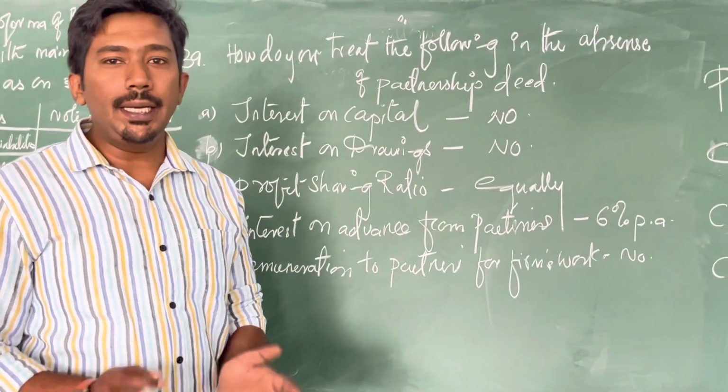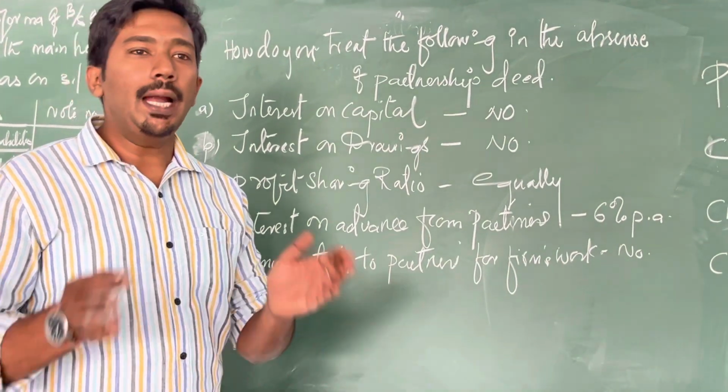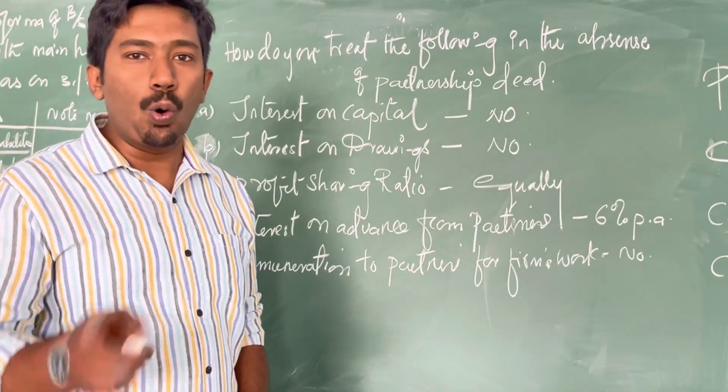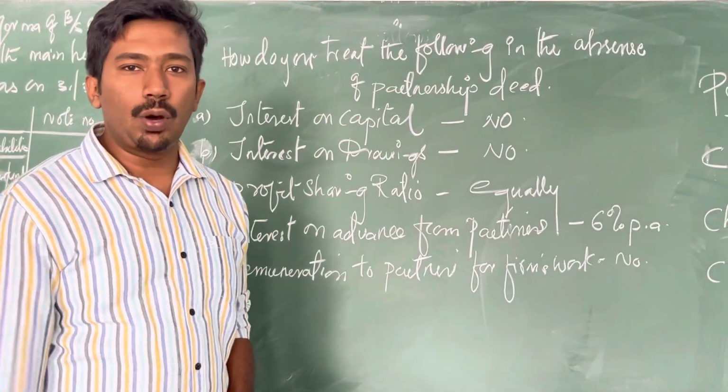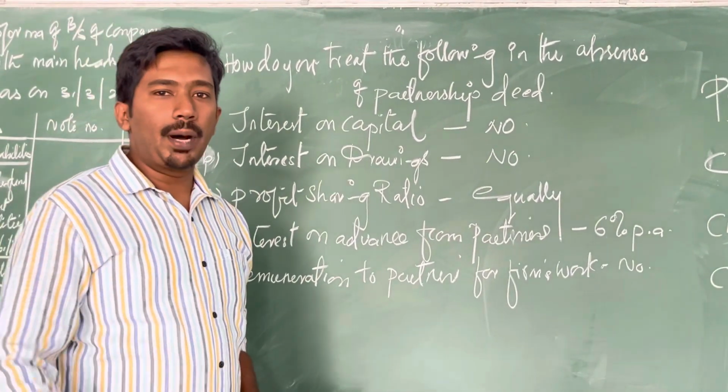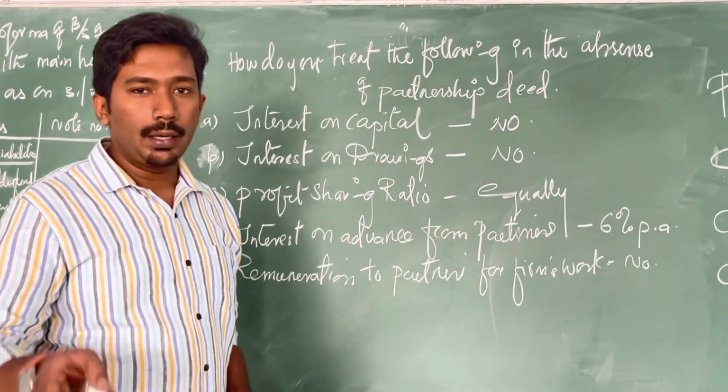All this will be explained in detail. And a partnership deed can be oral, it can be written as well. Okay, they will ask you this for a 1 mark question: can a partnership deed be oral or written?